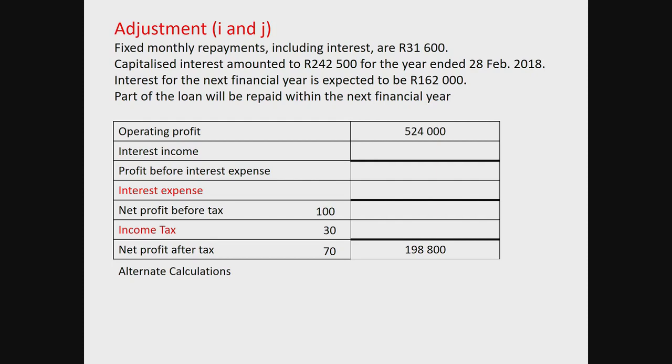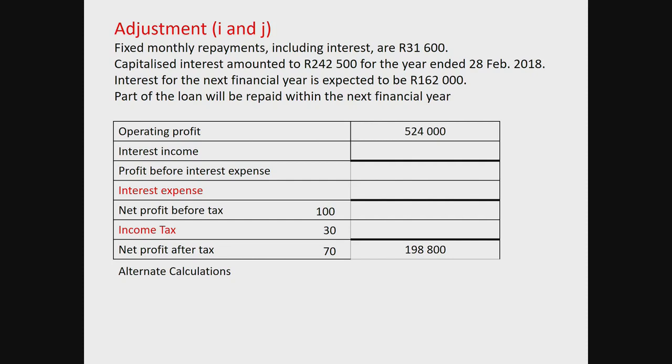So that figure we will take to the interest expense. Then the other part, interest for the next financial year, and part of the loan that will be repaid, that has got to do with the short-term loan. That is not for income statement purposes. We only need the 242,500 as the interest expense figure.